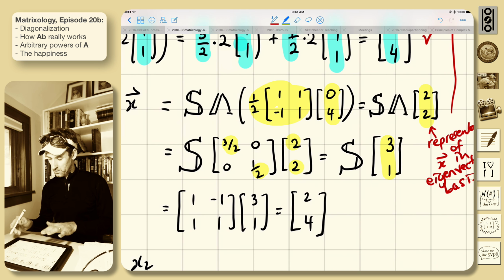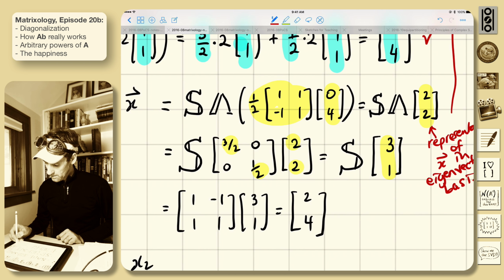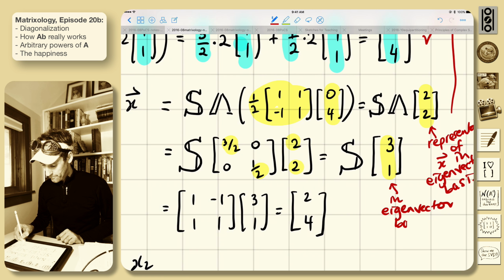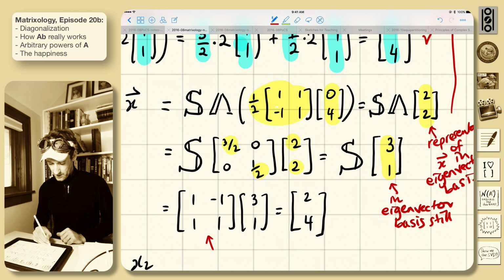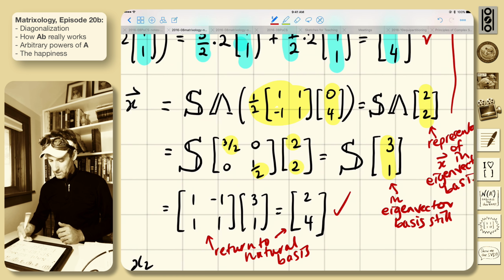So this is still in eigenvector basis. We've done the stretching, and now we have to go back. So this is return to natural basis. Natural basis, use those interchangeably. 2, 4, as before.